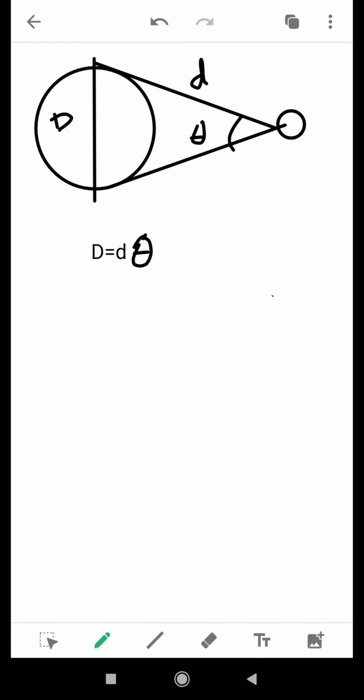Here you may ask me a question: in the formula S equal to R theta, R is the radius of the circle, S is the arc and theta is the angle formed by the arc. Here capital D is a straight line, it is not an arc.